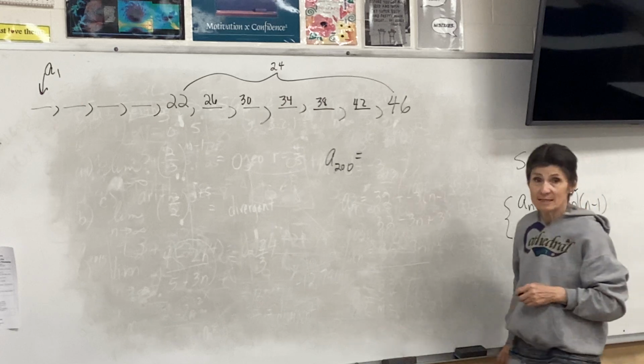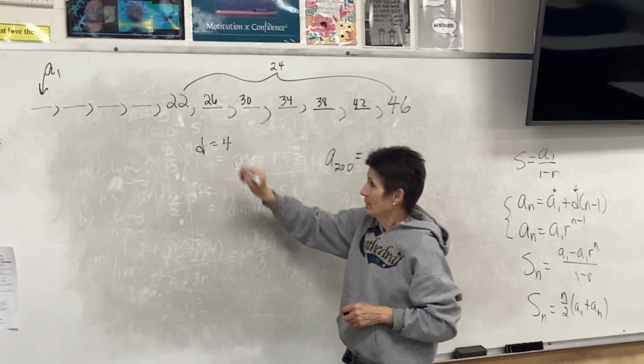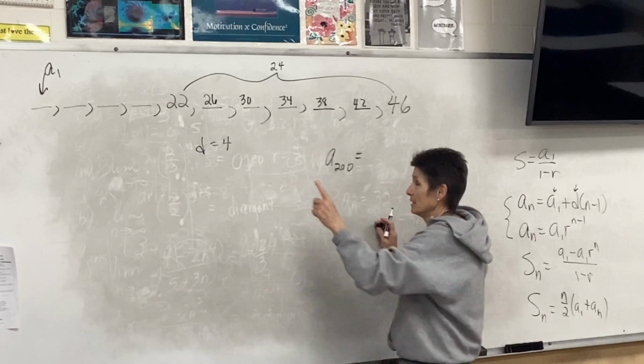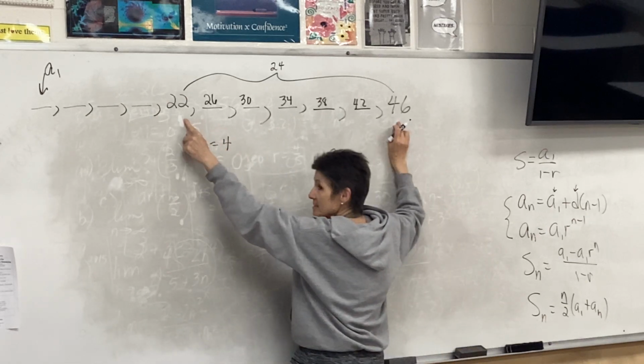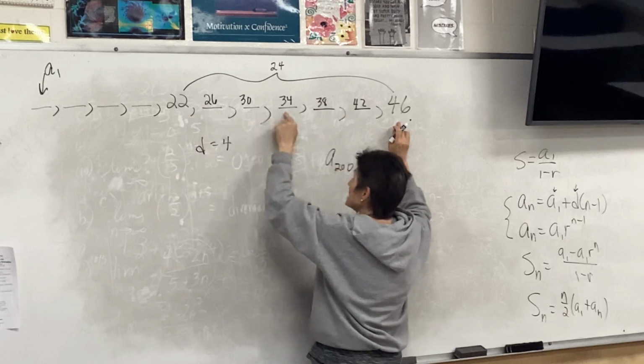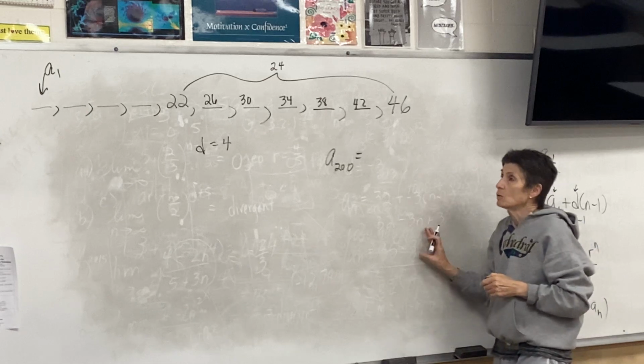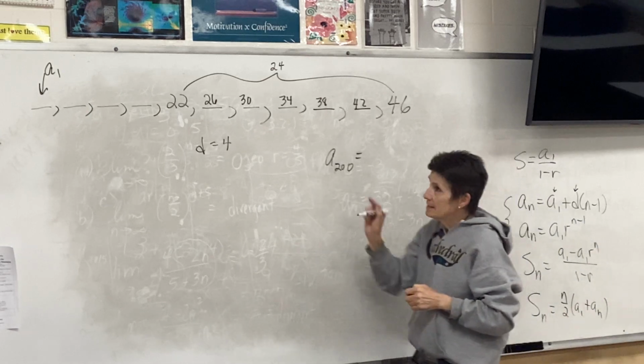So my common difference is 4. And again, I figured that out by taking the total distance I had to cover and dividing it by the number of steps I was taking. Now, I need the first term.